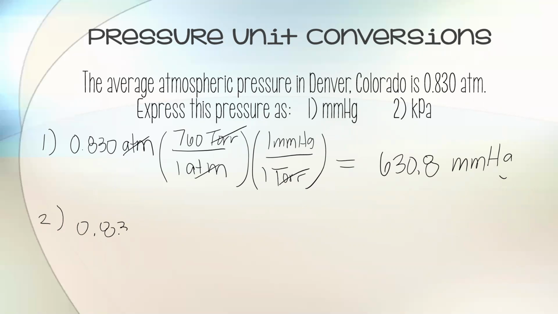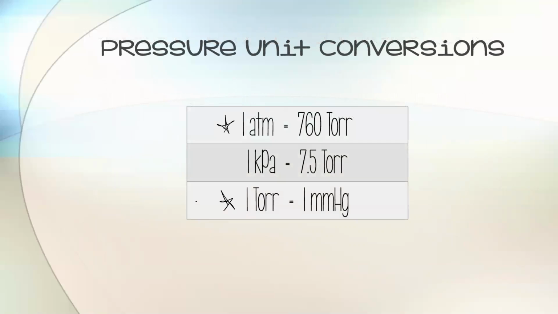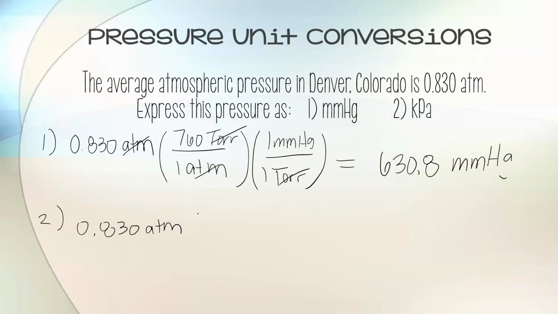Second part, 0.83 ATM. Units count for this, make sure you have them, to kPa. So going back to my chart, ATM to kPa. Once again, there's nothing that says ATM directly to kPa. So I have to use ATM to torr and then torr to kPa. So once again, 2 steps. So ATM to torr again, 760 torr is equal to 1 ATM. And then I can go from torr to kPa.